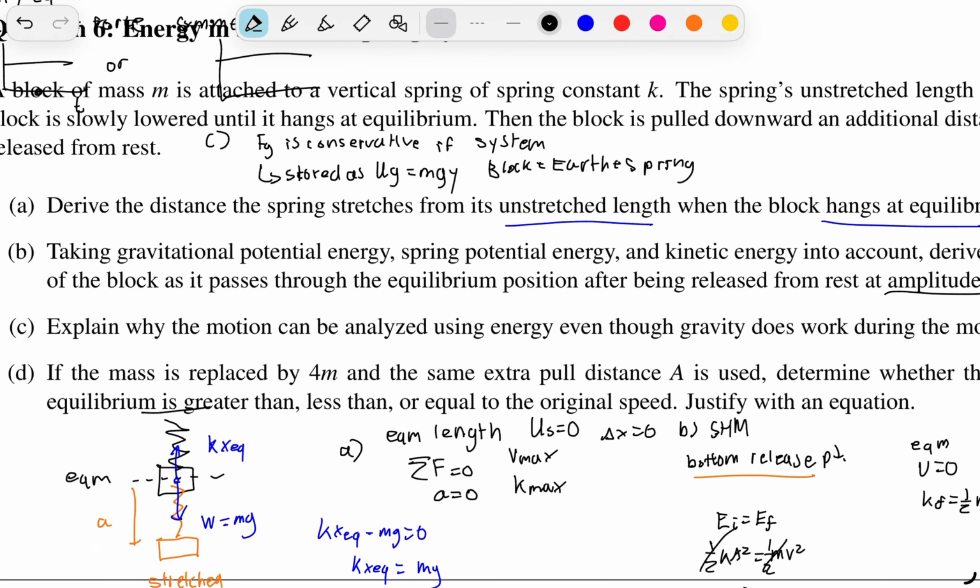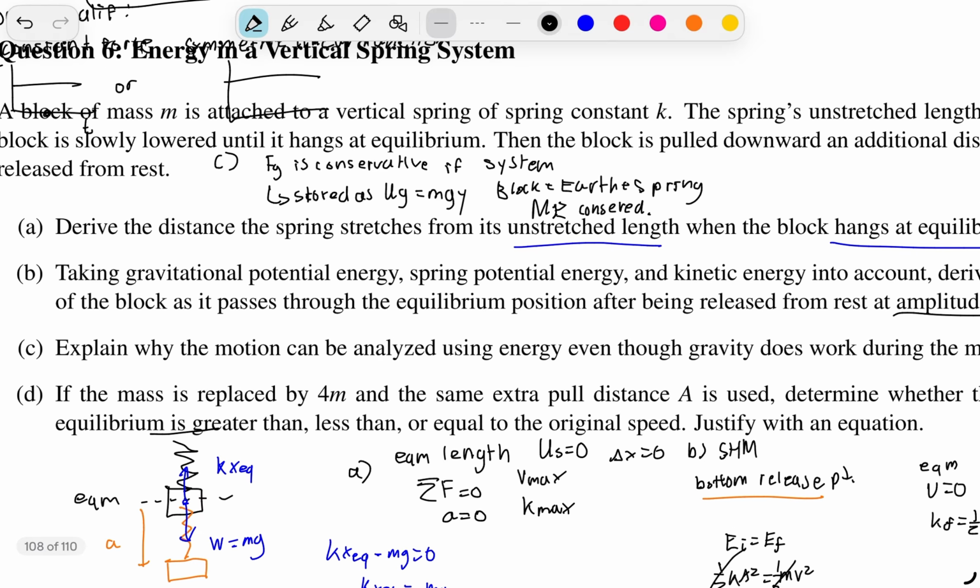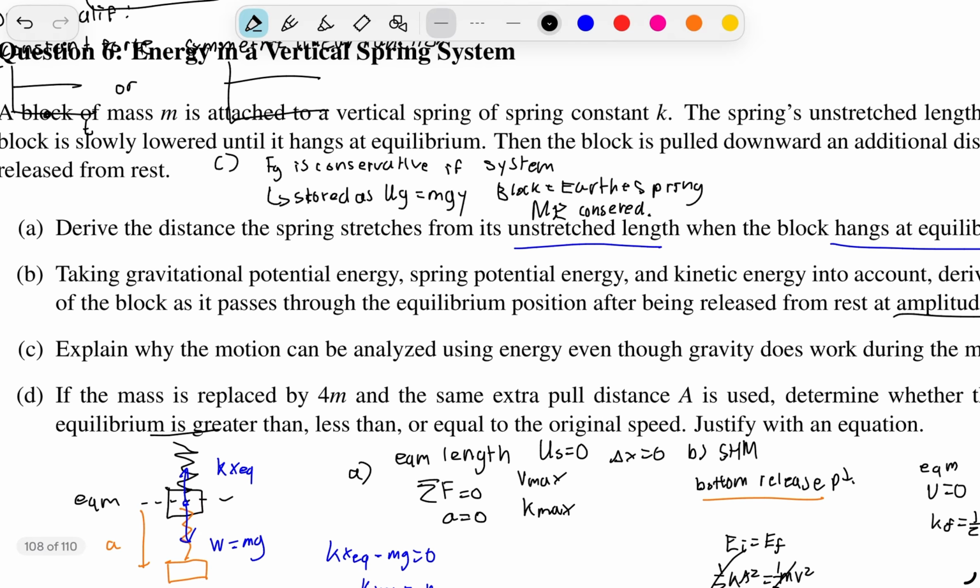So your mechanical energy is still going to be conserved. Conservative forces do work without destroying mechanical energy from our system.